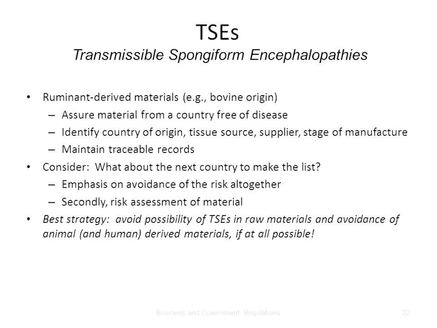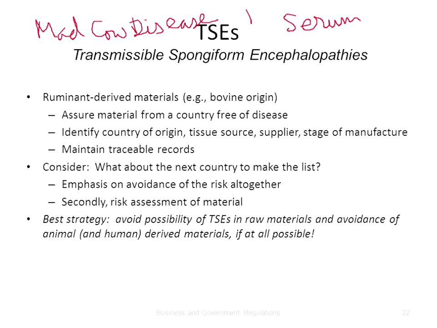Okay, a special concern is mad cow disease, right? Because why is this so important? Most of the mammalian cell processes use either serum, more specifically fetal calf serum, right?